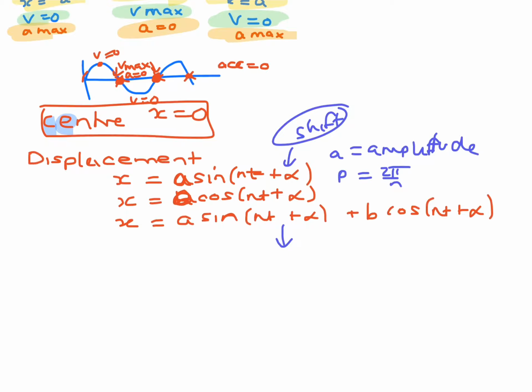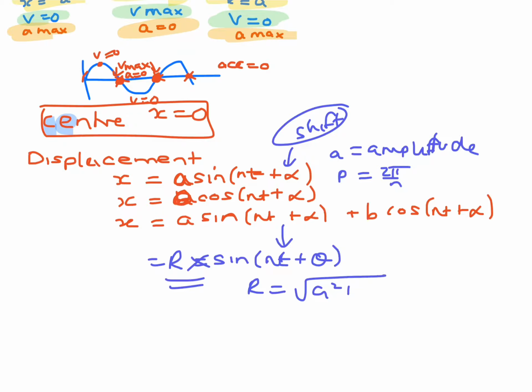When you have a combination of the two, using the auxiliary angle method, you can put it into the form r sin(nt + theta), where r is equal to the square root of a squared plus b squared, because it comes from this triangle here, and the a that is here becomes the adjacent side, and the b will be the opposite side.